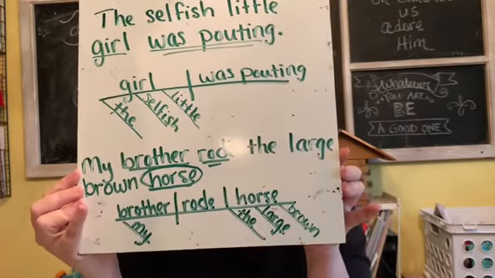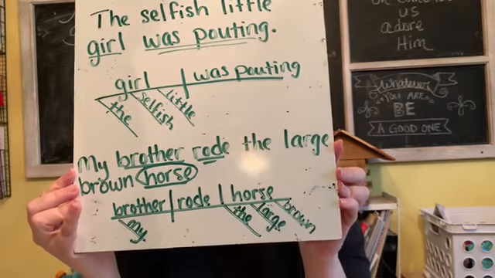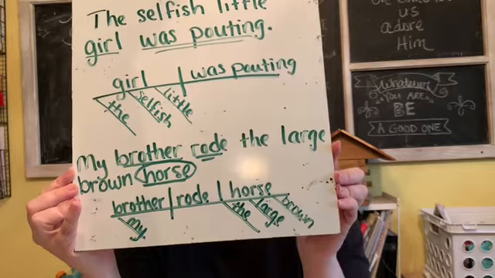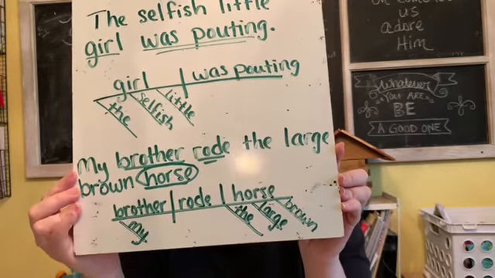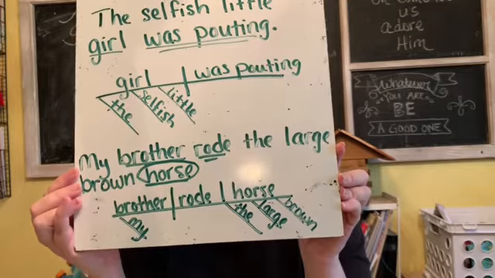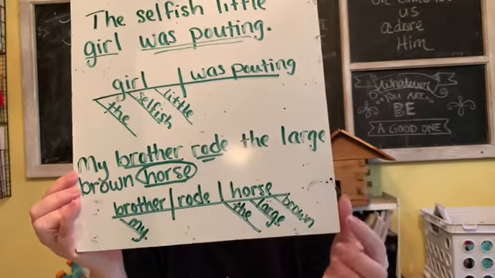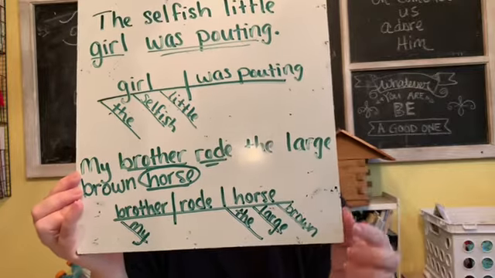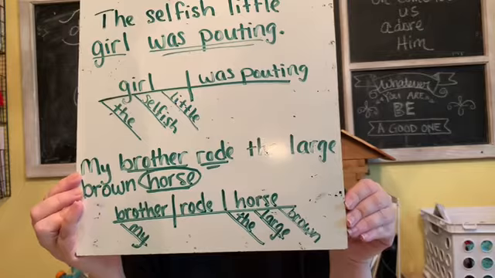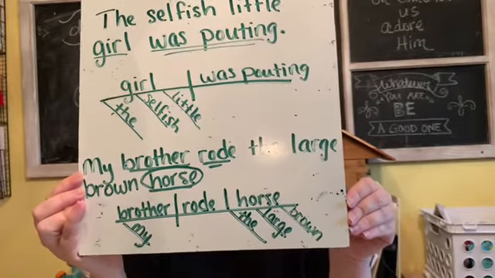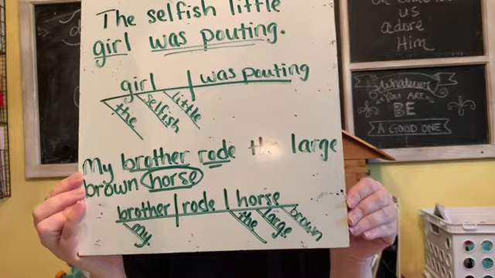Okay. Now, on number 2, sometimes we have sentences with direct objects or predicate nominatives. So we've got to remember to always look for those parts of speech, and we have talked about those earlier in the year. In this sentence it says, my brother rode the large brown horse. First, find your sentence skeleton.